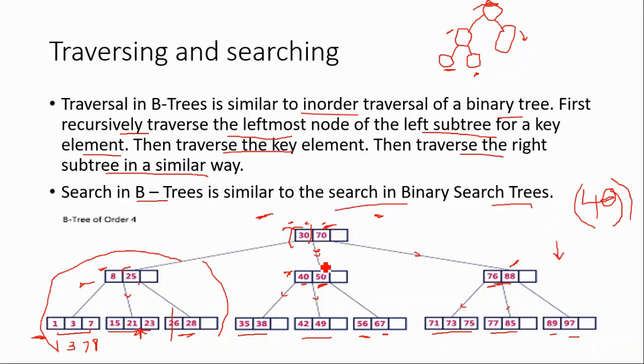Now here also, 40 is lesser and 50 is greater. So in between there is a subtree, so we have to go there too. After that we compare with 42, and after that there is 49. So we have found the search key element. In this way there is a similar searching technique. So this is the searching technique for a BT.